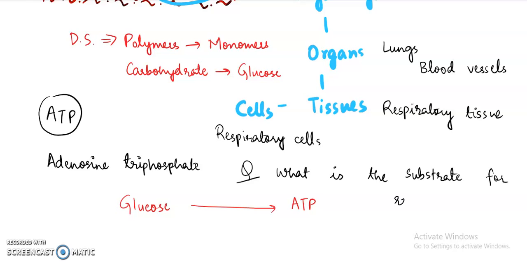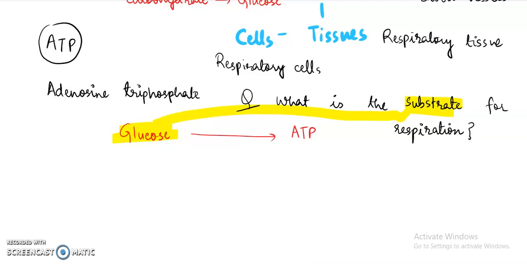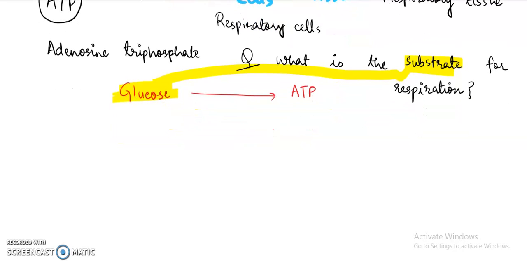This is a one-mark question. The answer is that the substrate is glucose, because respiration always starts with glucose and generally produces energy in the form of ATP. Now ATP could be more or less depending upon what type of respiration is happening. It could be anaerobic or aerobic. We will talk about that a bit later.